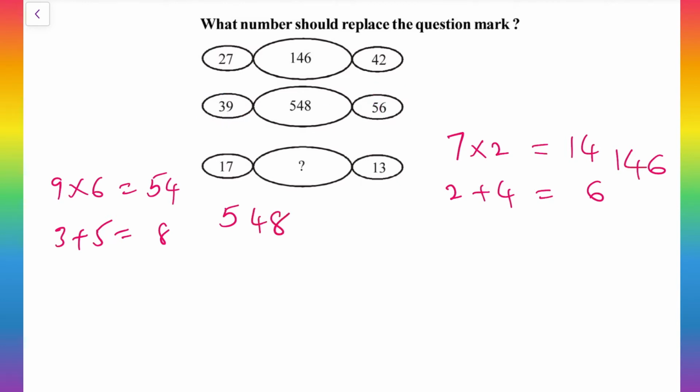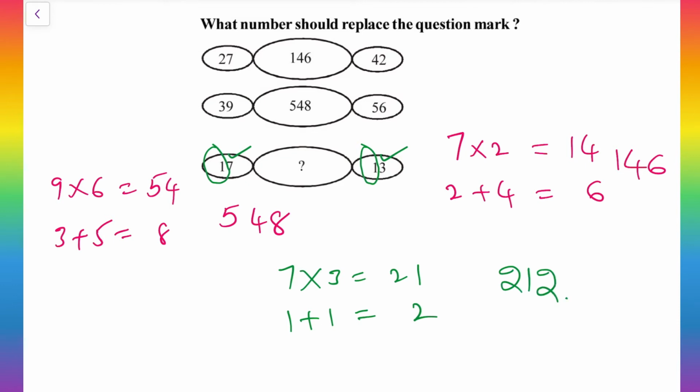So now let us apply the same logic for the last one also. Here last digit is 7, here last digit is 3. So 7 times 3 is 21. Next, here remaining digit is 1, here also remaining digit is 1. So if we add 1 plus 1, 2. Now these two numbers, if we write side by side, our missing number will be 212.